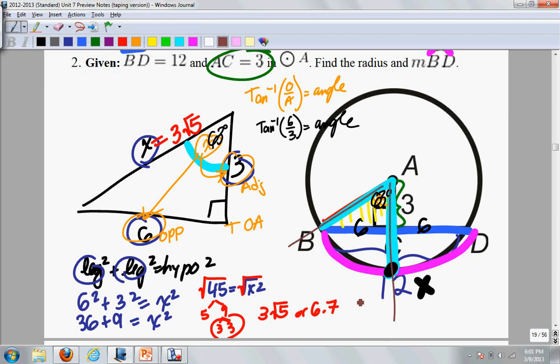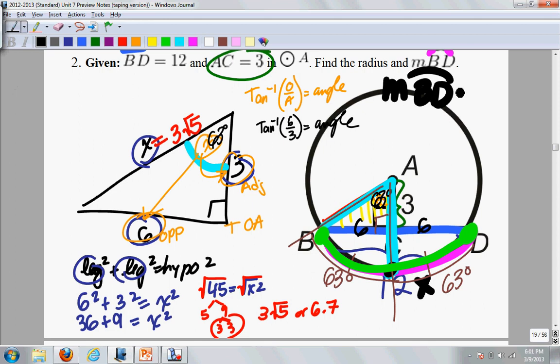We know measure of a central angle to its arc the same, that's 63 degrees. And if perpendicular, it bisects the arc, so if that's 63, this is 63. And you should be able to now trace the arc B to D. Can you pause and trace that if you haven't done so already? So in this case, the measure of the arc B to D is going to be 2 times 63, which is 126 degrees.